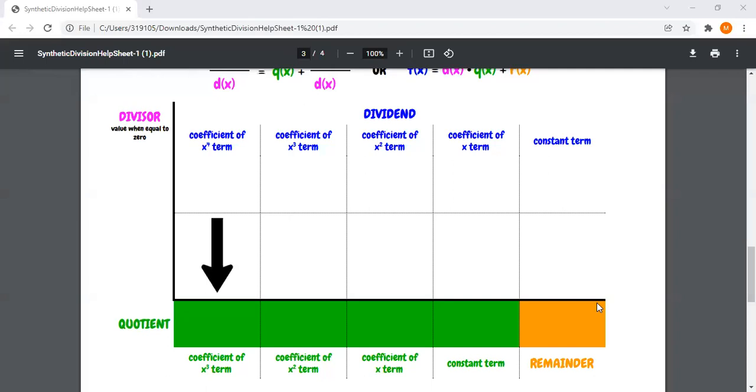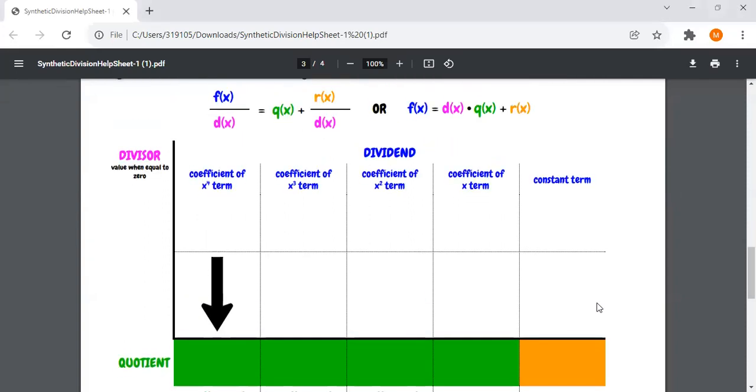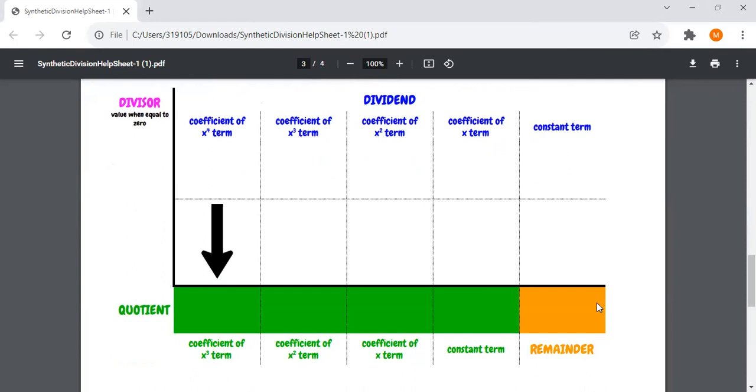So this is technically for the use of the synthetic division, but we can use it for synthetic substitution too. Okay, so my question, let's see what my question was going to be.